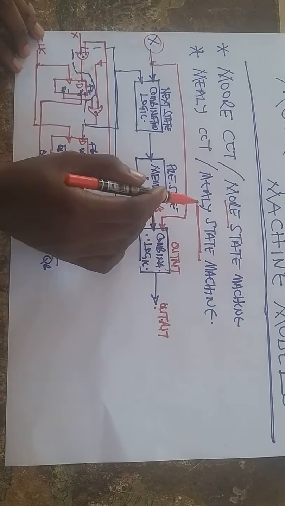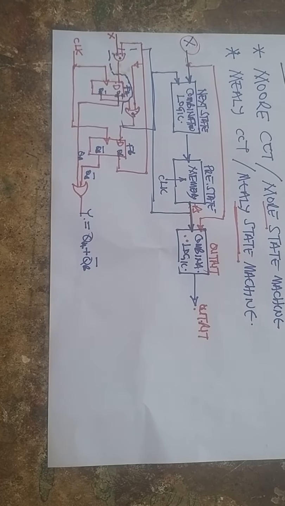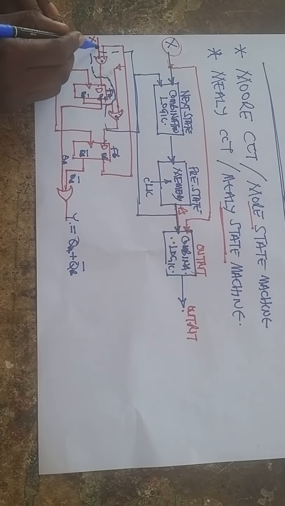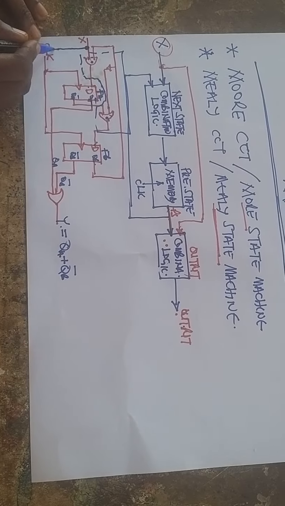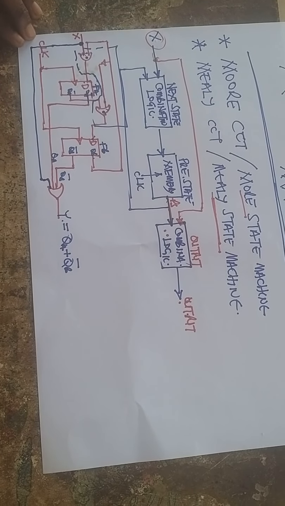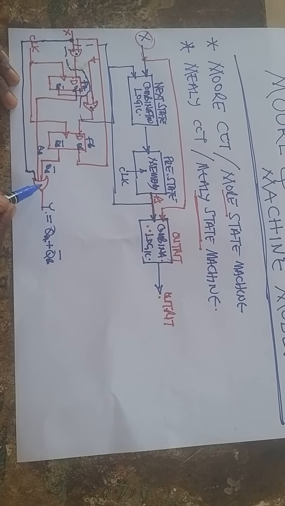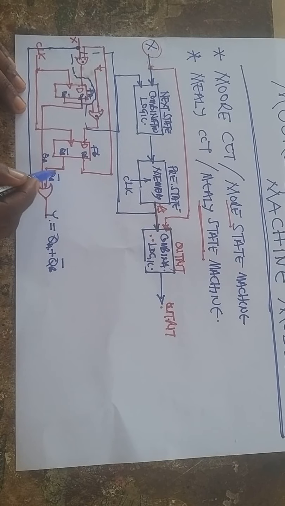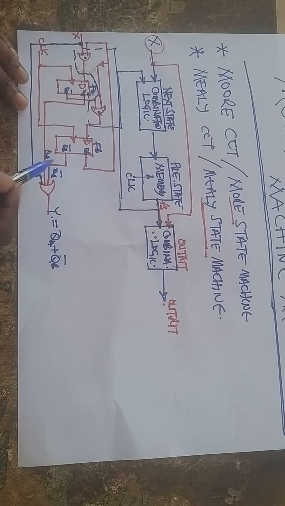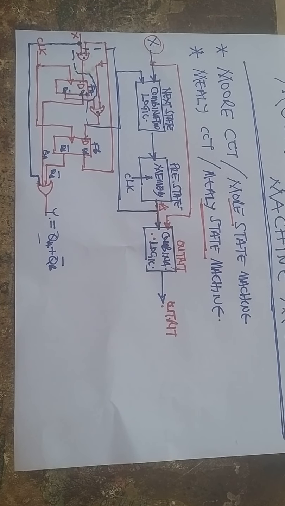So how do you modify this to be a Mealy state machine? Look at it. We need only the input. Here is the input, so I pick the input from here, and then it comes here. So you see that I have the output and the input. Now I have the present state, which is the output of the flip-flops, and the input controlling the output.